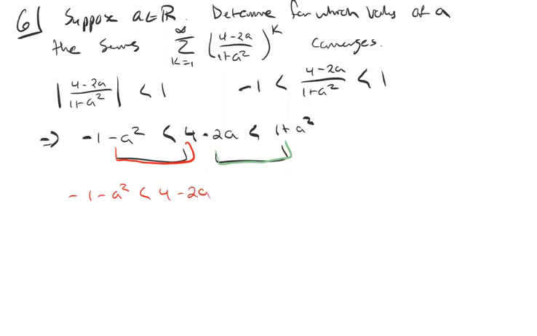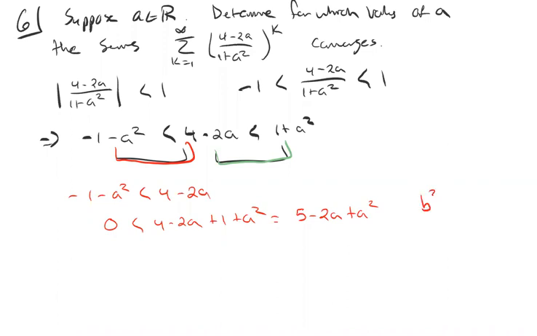Let's get everything over on one side. So we have that 0 is less than 4 minus 2a plus 1 plus a squared. Just combining like terms, that's 5 minus 2a plus a squared. Now, try as you like, you're not going to factor this one. So it's important to think about some algebra that you may have forgotten.